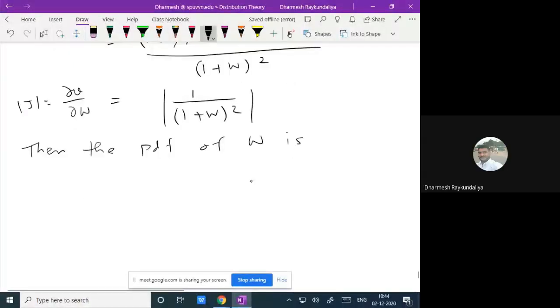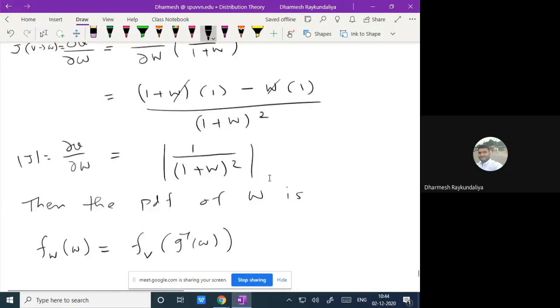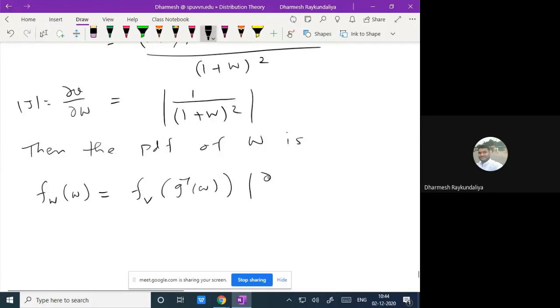What is the PDF of W? That is nothing but f_W of small w, which is the PDF of V at g inverse of w, and this g inverse of w is my v. So wherever the v is, you have to substitute g inverse w, into the Jacobian, del v by del w.